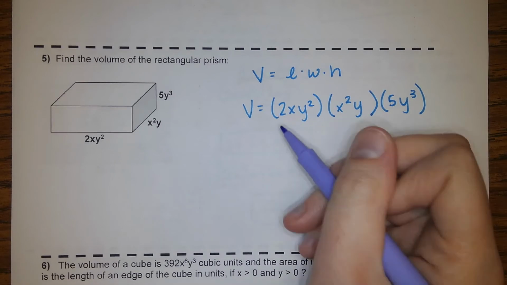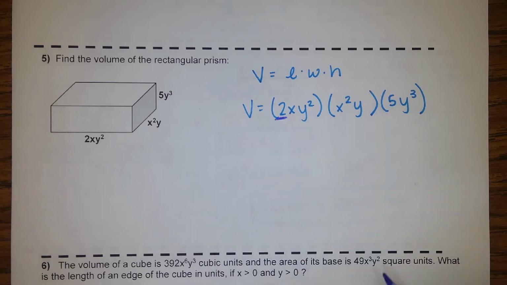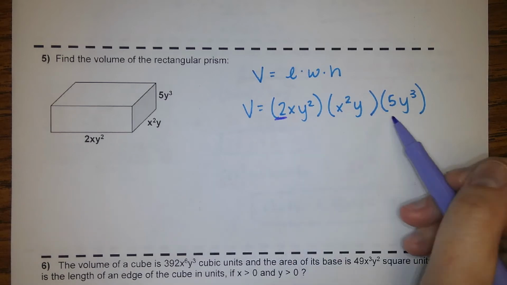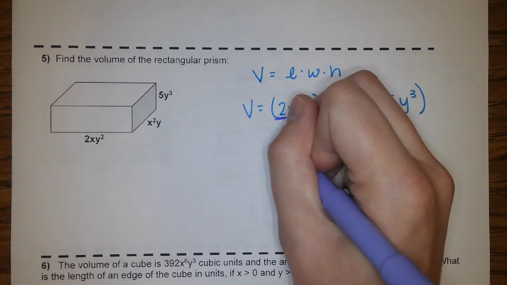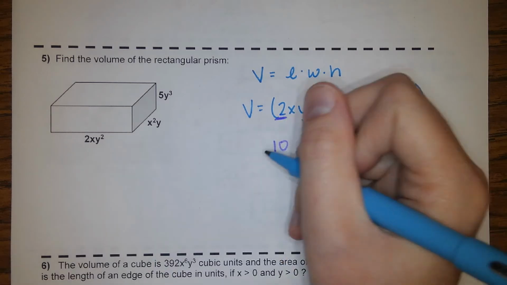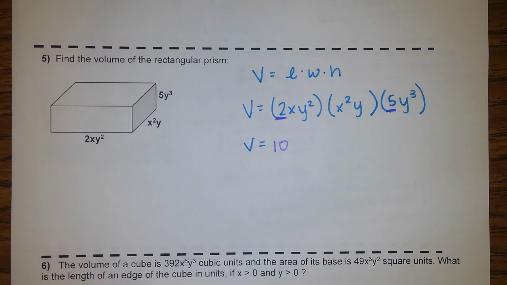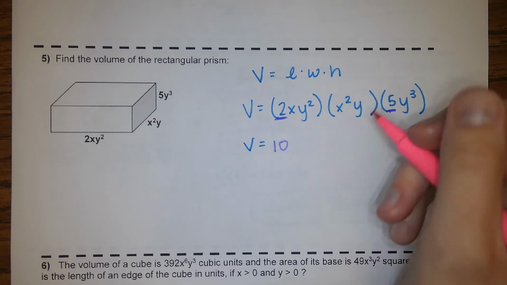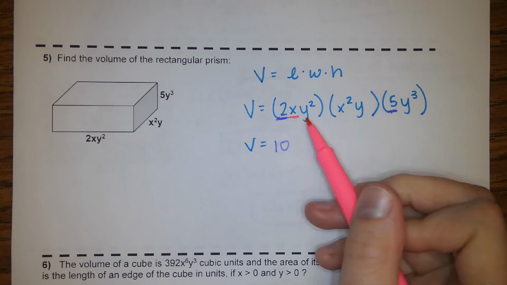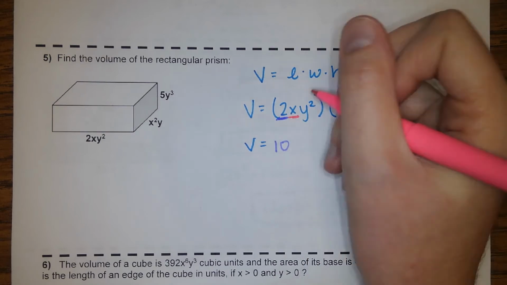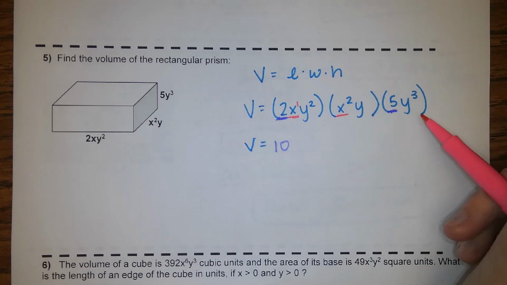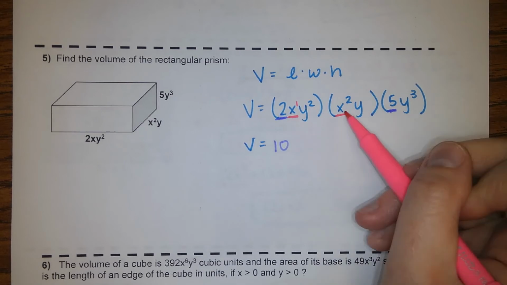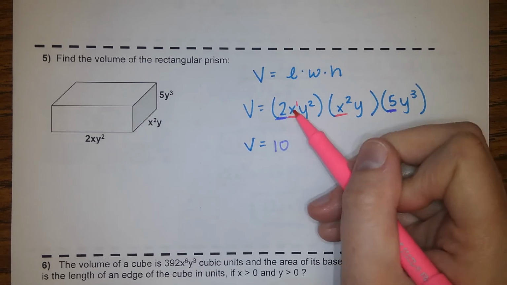So we'll go here and we'll say, okay, we're going to find our coefficients, all of our constants. We have 2 and 5. So 2 times 5 would be 10. So we're starting right there. All right, and then we'll go to our next one here. We want our x's, so here's our x. Remember, if it's x and there's no exponent, that's really like there's a little 1. Then we also have an x here, and there's no x there, so we have x to the 1 times x squared, so that's 1 plus 2.